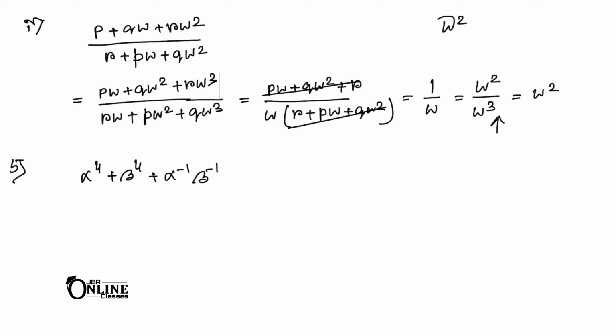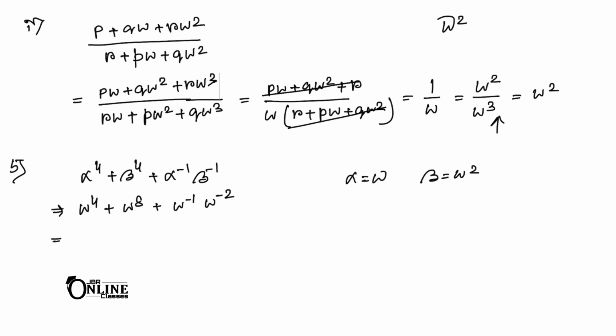As alpha, beta are the complex cube roots, that means alpha equals omega and beta equals omega square. Remember that. So alpha to the power 4 means omega to the power 4, then beta to the power 4 means omega square to the power 4, so omega to the power 8, and here omega to the power minus 1 and omega to the power minus 2.